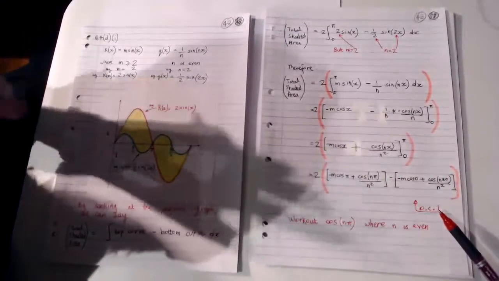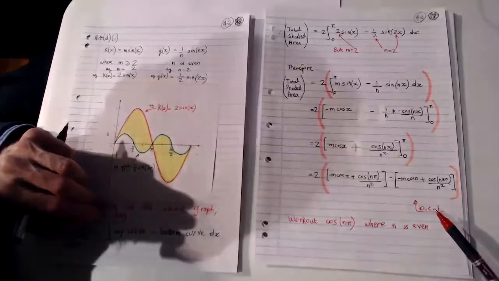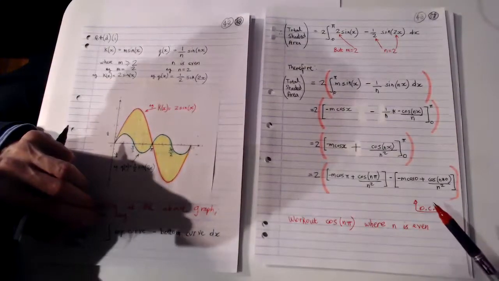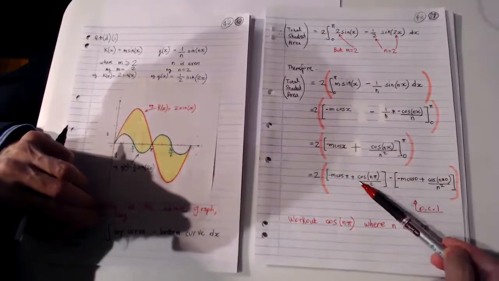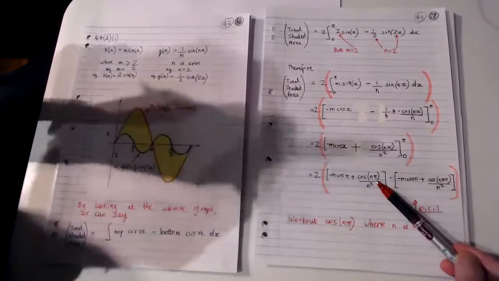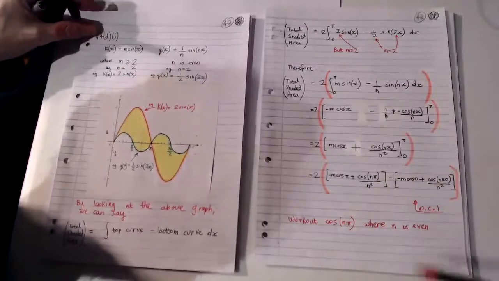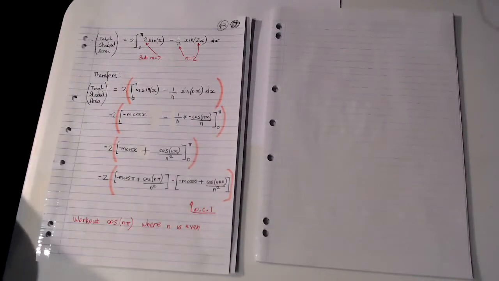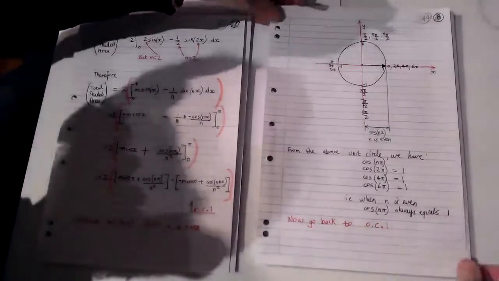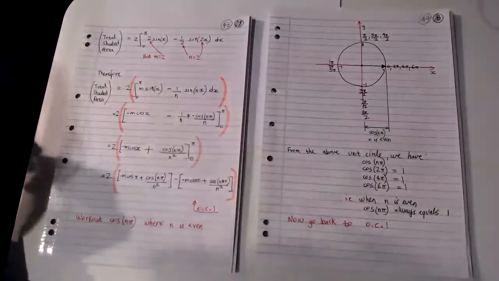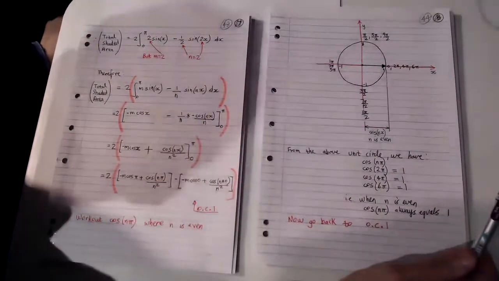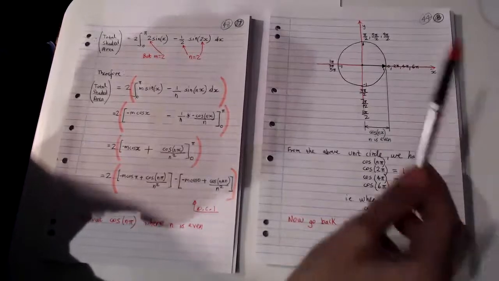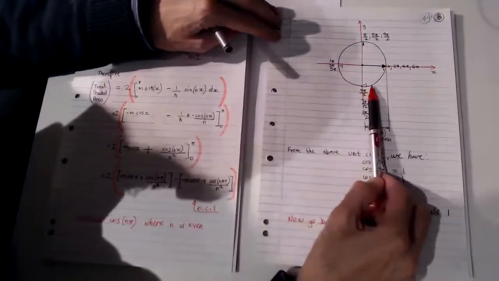Now we've got to do a bit of a side calculation, because we need to work out what cos n pi is when n is even. How do you work out that? That is shown on the next page. You know from your circular functions theory that the unit circle looks like that.